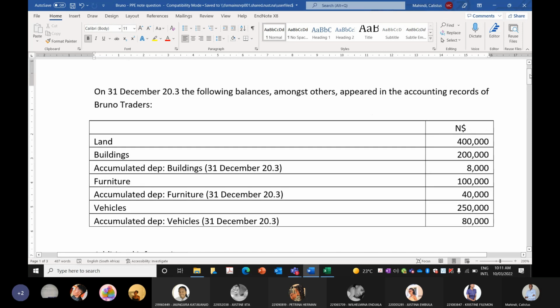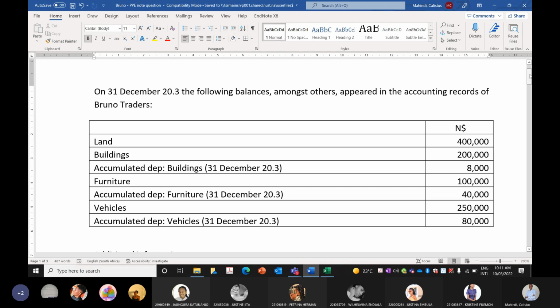Okay. So land, these are the balances that appeared at 31 December 20.3. So those are the balances that already exist. We can use these balances. So for me to say cost, it might not really be cost, as in this instance, land was revalued.